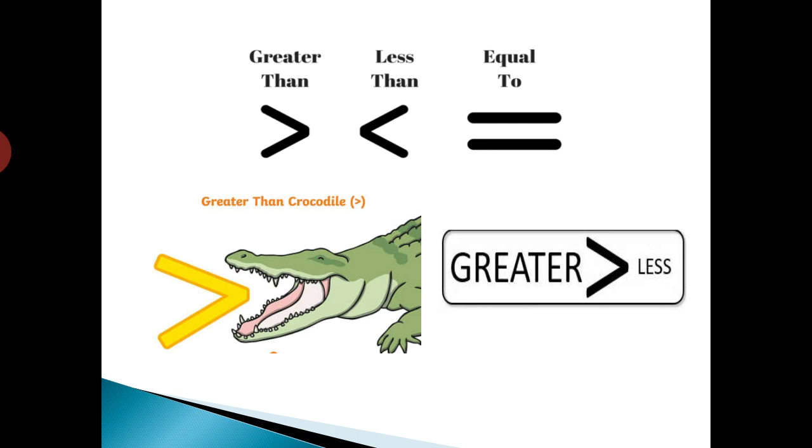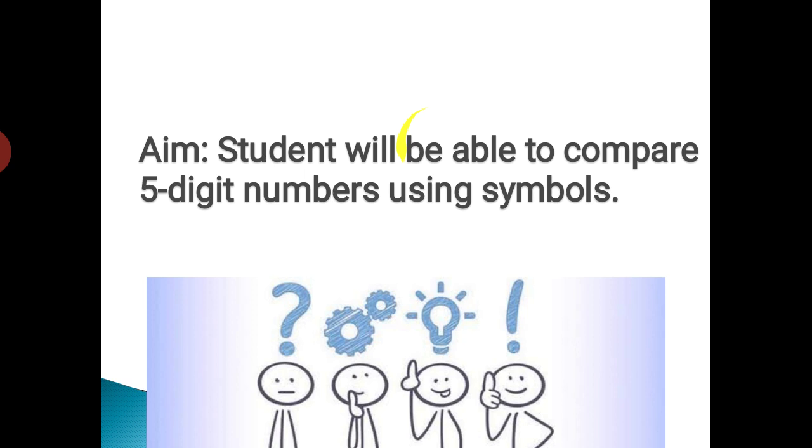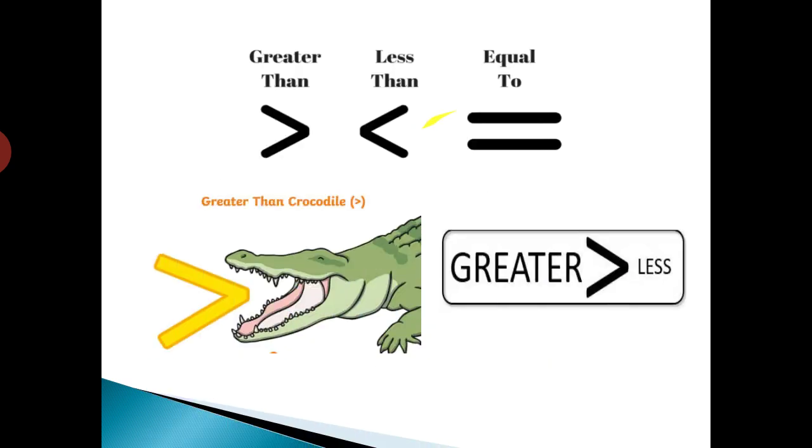If it is greater than, the mouth is here, so the greater number would be here. For less than, the mouth is open to this side, so the greater number will be this side only. And for equal to, both sides are equal, so we just put the equal to sign.